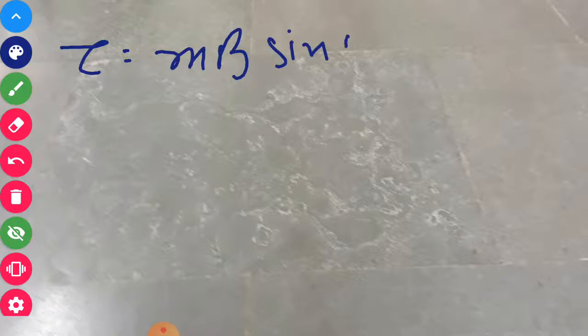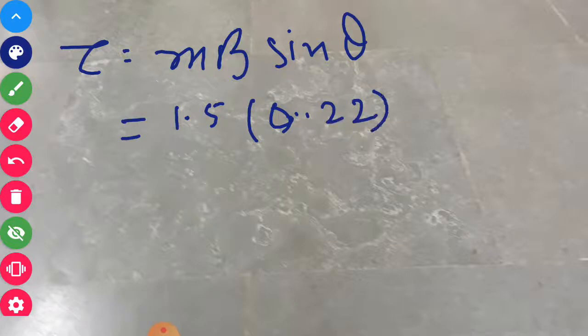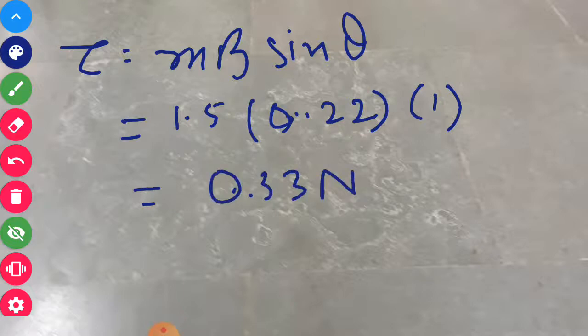As you know, torque is equal to mB sin theta. So we just have to place the values here: 1.5 into 0.22, and sin 90 is 1. So again 0.33 Newton meter will be the torque.